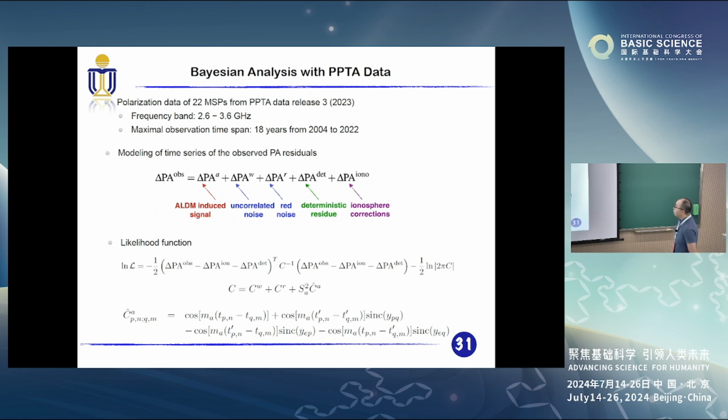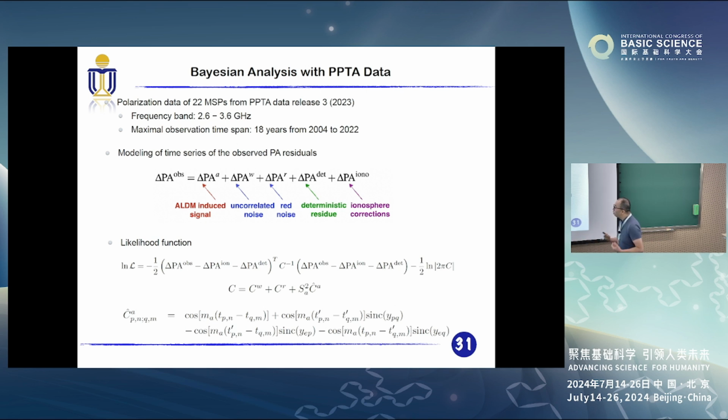This analysis is based on the polarization data of 22 millisecond pulsars from the third data release of the PPTA in 2023. And here is the frequency band that we are interested in.